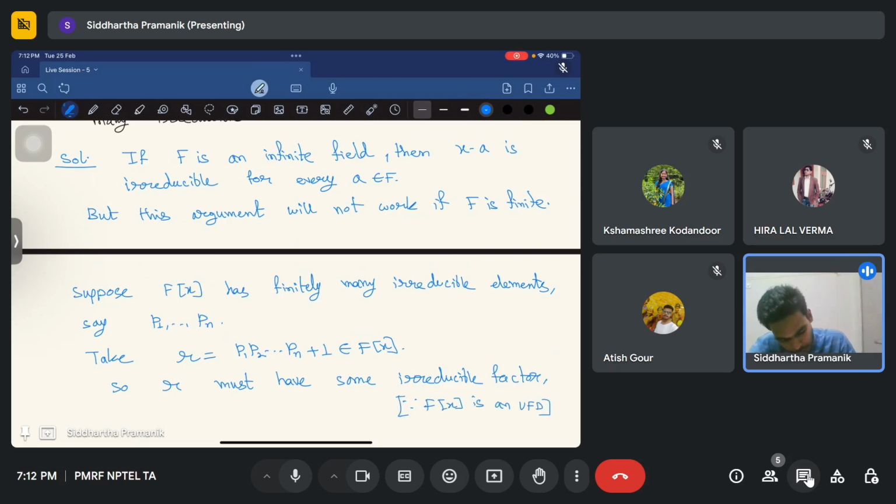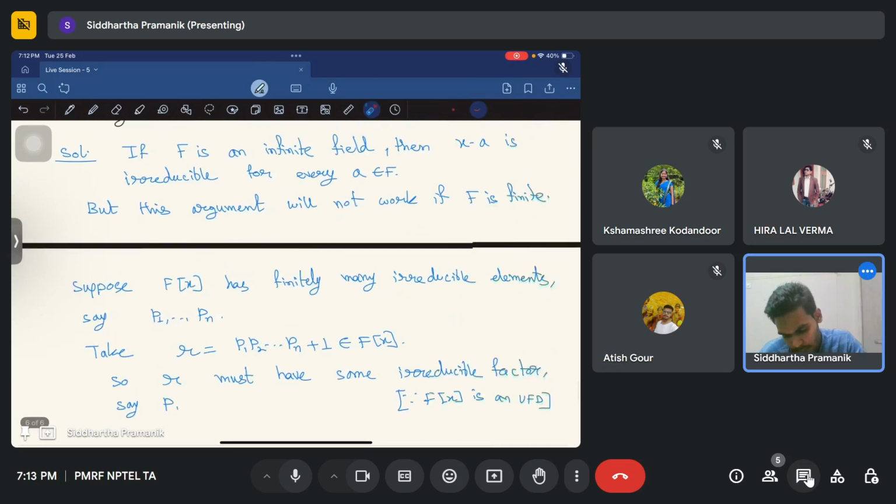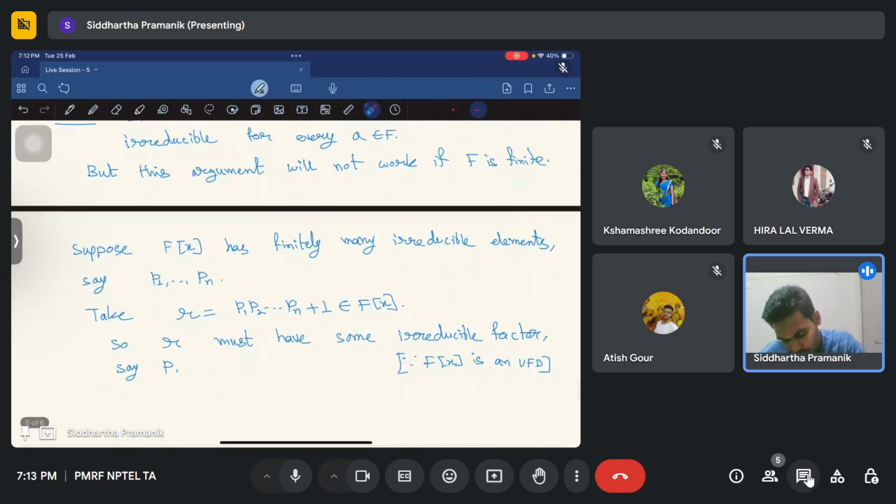So irreducible factor, let's say p, but we have only finitely many irreducible elements p1 up to pn. So this p must be one of these pi's. So p equals pi for some i equals 1 up to n.